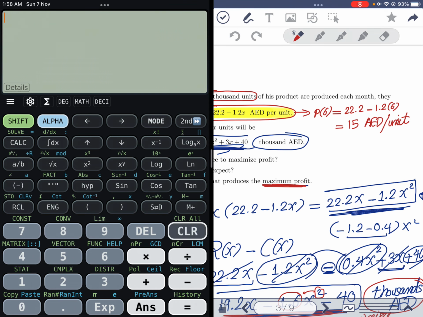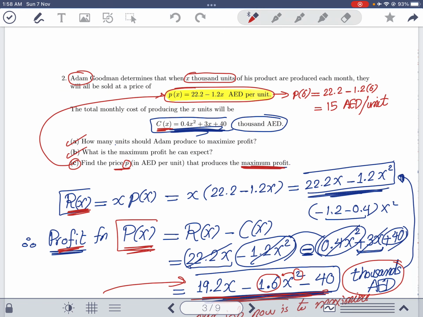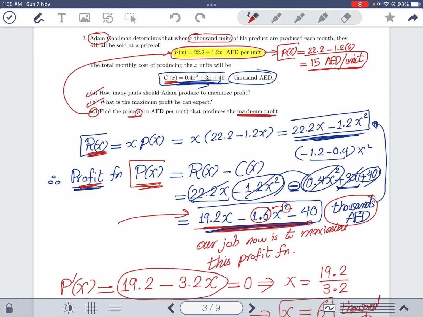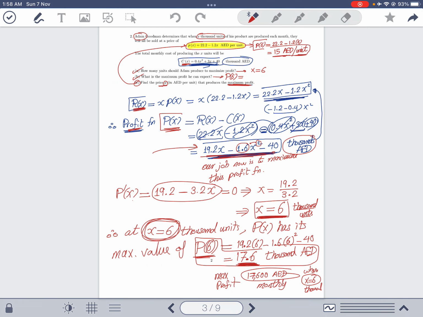Always the price demand function is in how much per each unit of what the company is producing. Very nice and very simple. You see, we solved the question now. So the first one here, x equals 6, then the profit at 6 is, and we got it somewhere down here, 17.6 thousand.